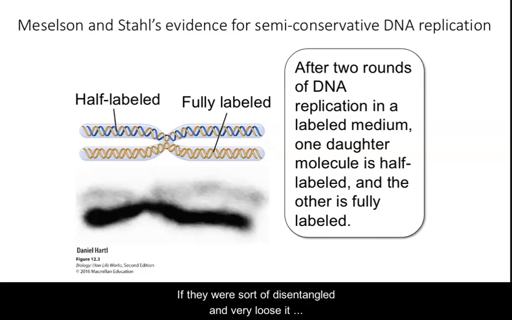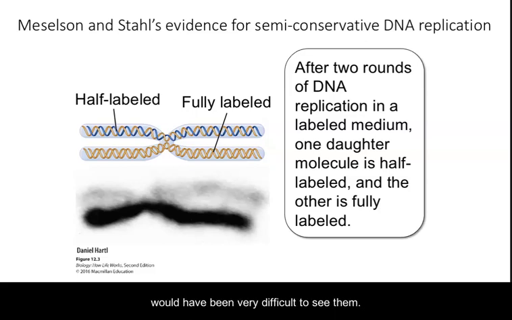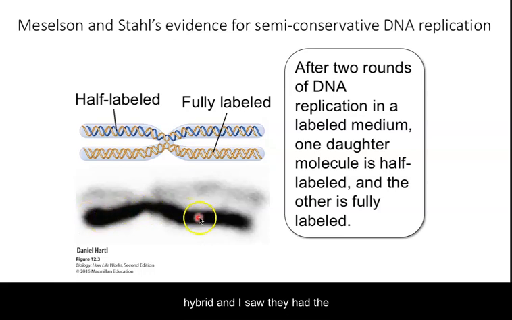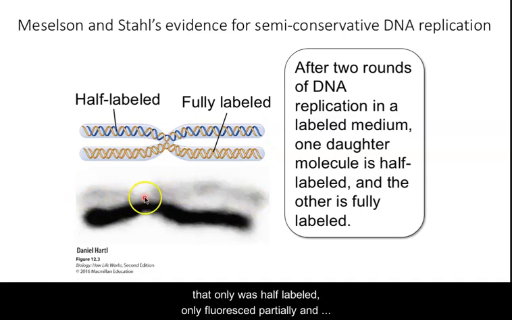If they were disentangled and very loose, it would have been very difficult to see them. So you can clearly see that one chromatid containing the hybrid DNA, fully labeled with fluorescent nucleotides, fluoresced rather strongly, whereas the other side that was only half labeled fluoresced only partially, and that provided evidence for semi-conservative DNA replication.